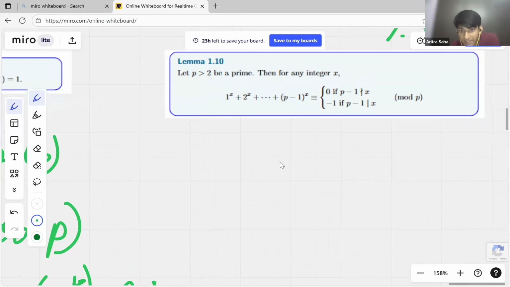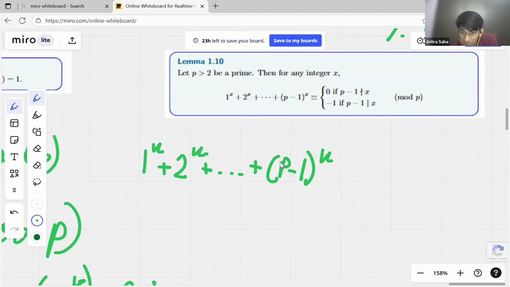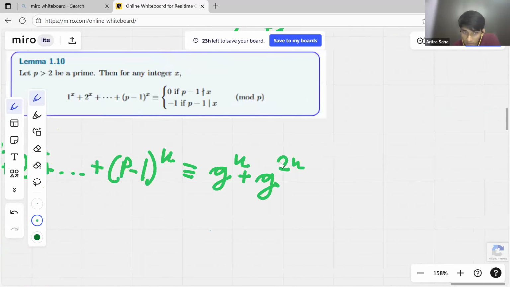And when you have the same things in powers, you can try to think of primitive roots because that gives nice values. So under modulo p, the sum of x-th powers will just become g to the power x plus g to the power 2x plus dot dot dot g to the power p minus 1 times x. Do you see why this is true, right?